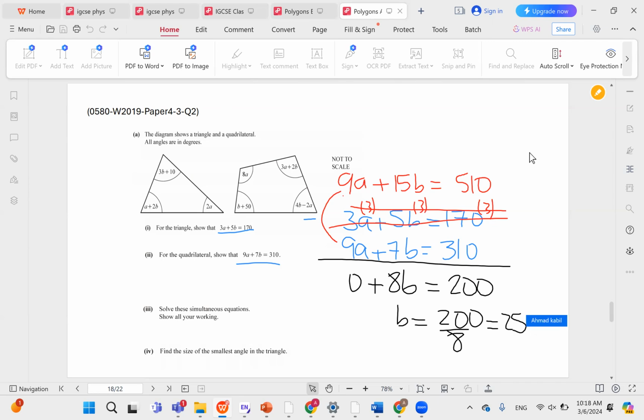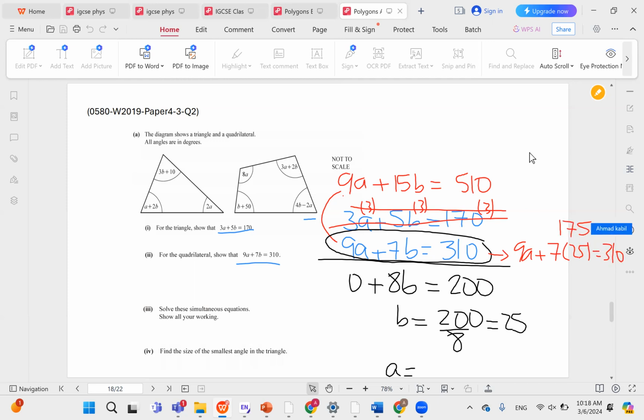And then for a, of course, I can use whichever equation. I decided to use this equation to get a. So I'm just going to put b as 25. Let me rewrite it. It's going to be 9a plus 7b, which is 7 times 25, equals 310. 7 times 25 is 175.